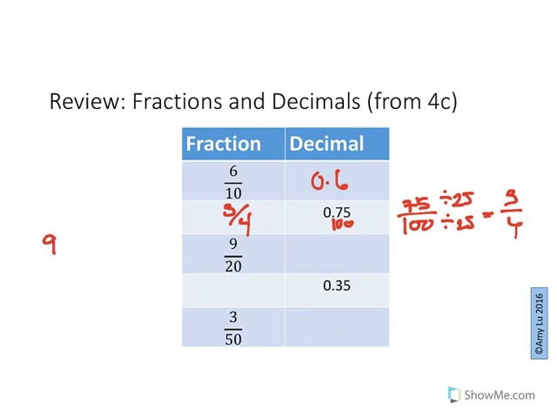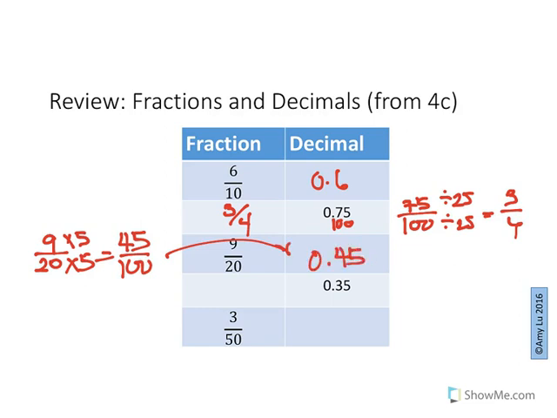9/20. To turn this into a decimal, we first have to make sure that the denominator is out of 10, 100, or 1,000. So we can multiply this by 5, and this becomes 45 hundredths, which then turns into 0.45, because that's 45 hundredths.